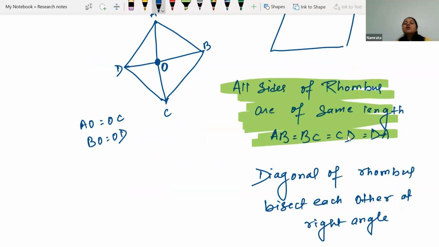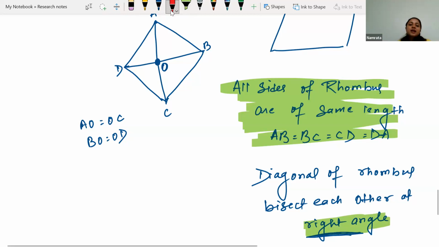So the diagonals of a rhombus bisect each other. That came from the parallelogram only. But at right angle, this is the specific property of the rhombus. So the diagonals of a rhombus bisect each other at right angle.